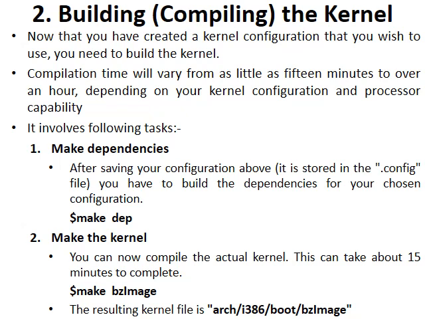The second major step is building or compiling the kernel. That will be followed after setting the configuration of the kernel. For that, you have to give the following commands. Number one, make dependency, and for that the command is make dep.